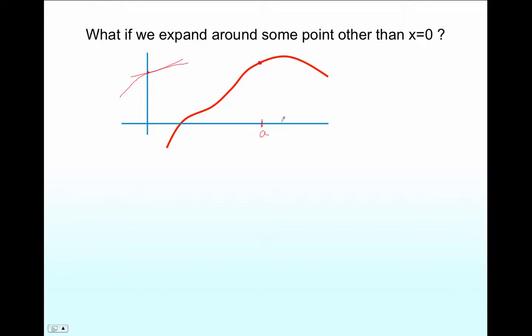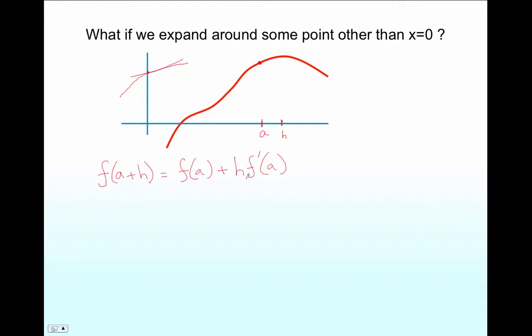So, if h is a small distance away, then it's perfectly clear that f of a plus h in that case will be f of a if h is 0. And if h is small, then this should be good enough.